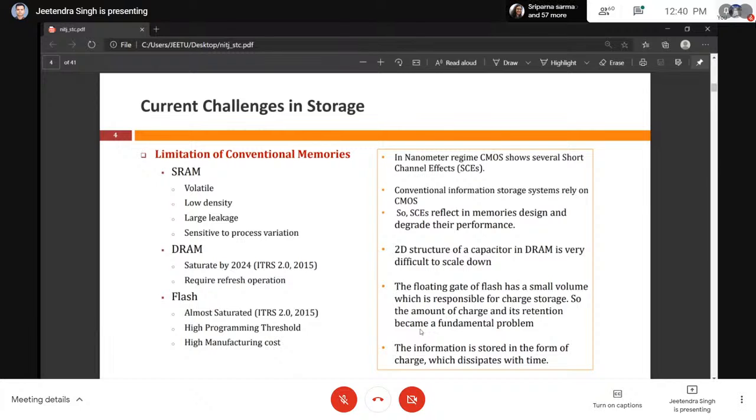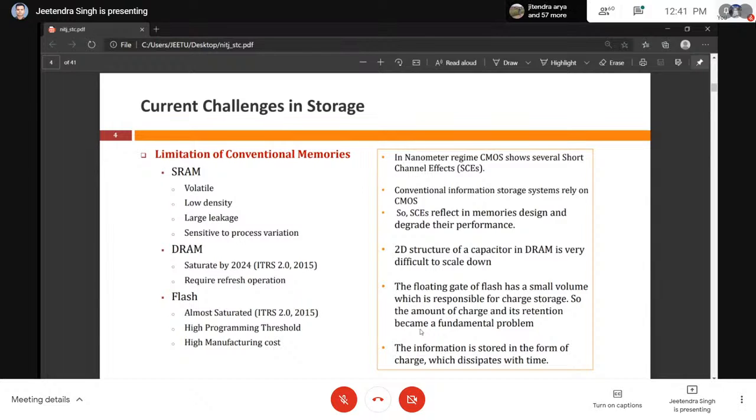So there are certain challenges in the recent memories. In the SRAM, if you want to design an SRAM, you need at least 6 transistors. So in order to store a single 1 or 0, you require 6 transistors. So SRAM has a very low density. Also, it is volatile in nature, and volatile means when we switch off the power, the stored information will be lost.